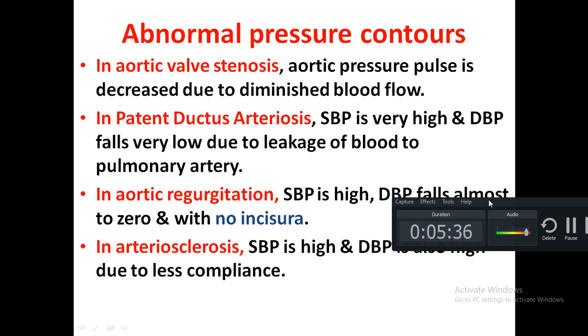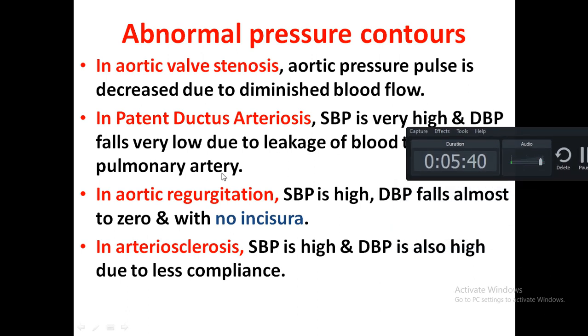Then the third condition is aortic regurgitation. In aortic regurgitation, the aortic valve is not closed properly during the diastolic period, so the systolic pressure is very high because again the left ventricle has to contract very forcefully to supply the blood to the whole of the body.